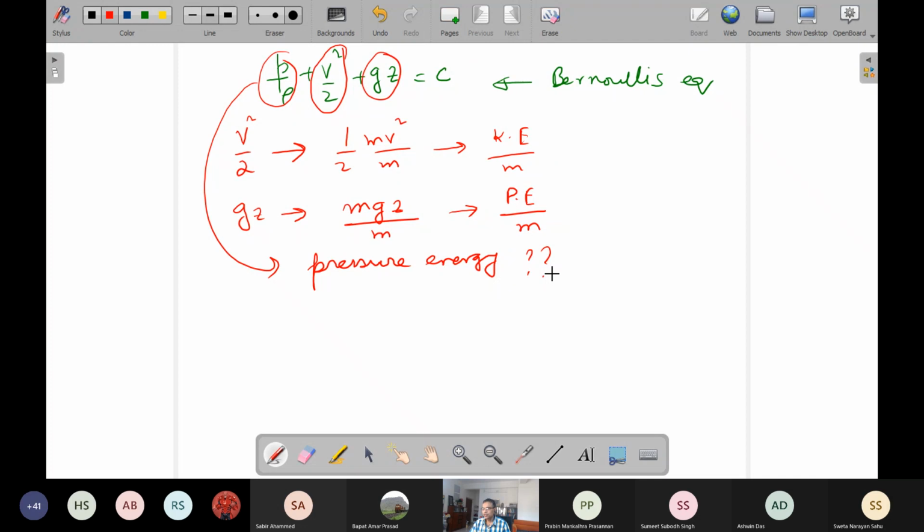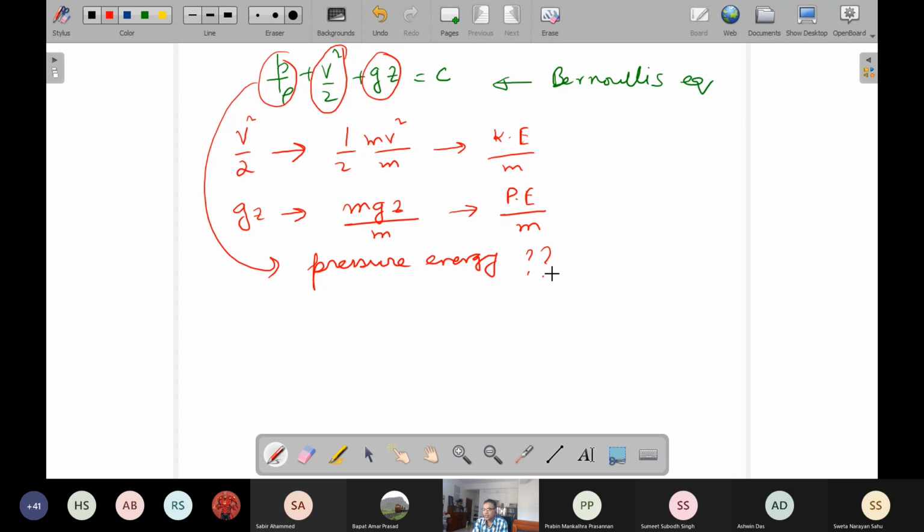Kinetic energy is the energy attributed to the motion of a particle or body, and potential energy is due to configuration. In this case, it is gravitational potential energy. You could also have potential energy due to stretching of a spring. So it is due to configuration.